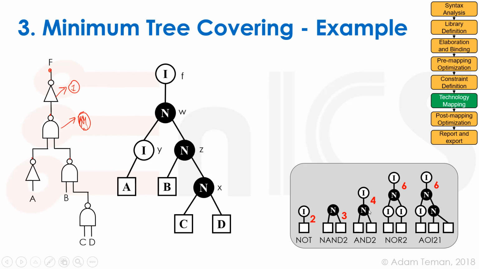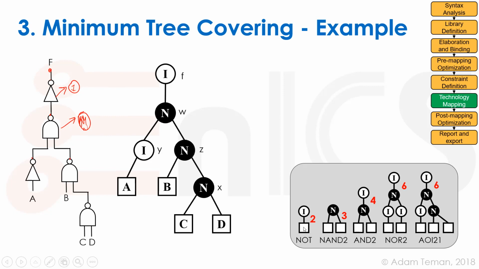This cost is just for the purpose of the example. Again, deciding on this cost is a very important part that can lead to lack of optimality, because our minimum tree covering is going to be optimal given this standard cell library, given this netlist, and given these costs.